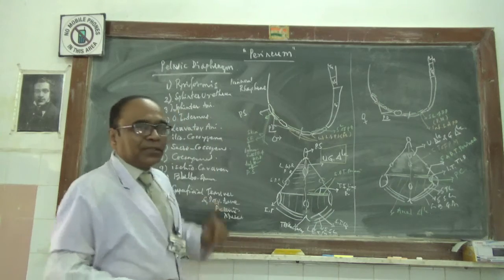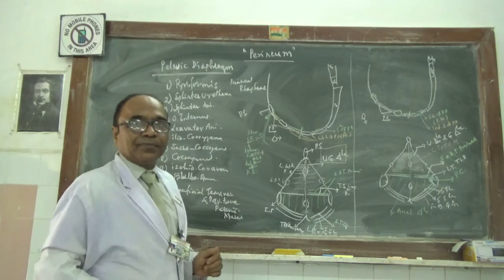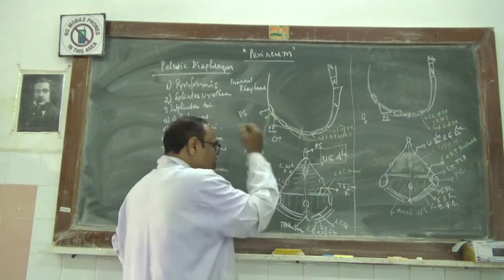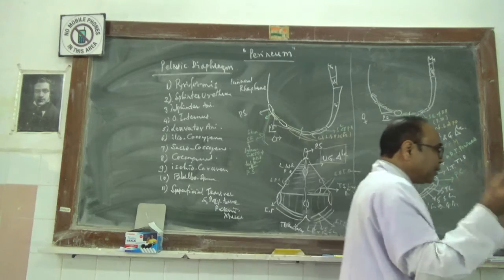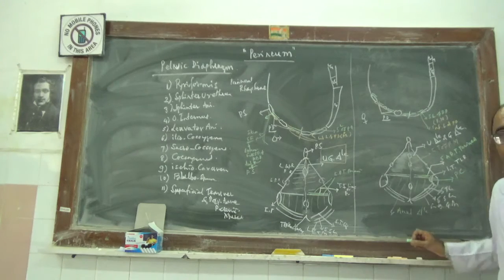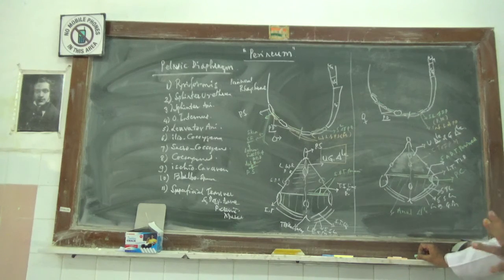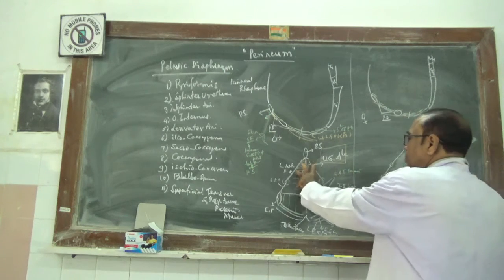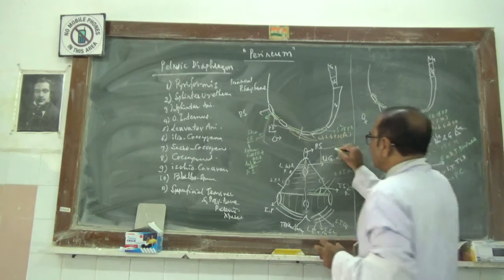So this is the inferior limit of the urogenital triangle in male and female. Like this, the urogenital region has been formed.